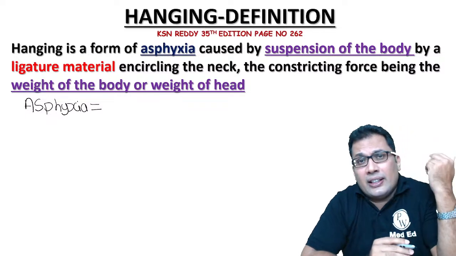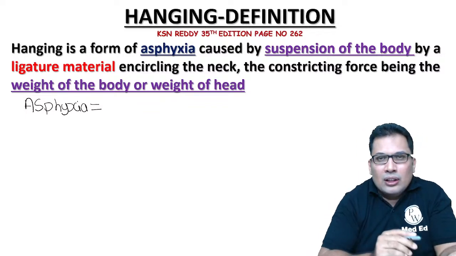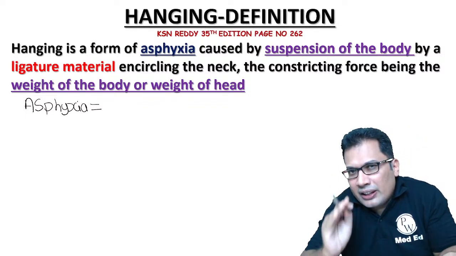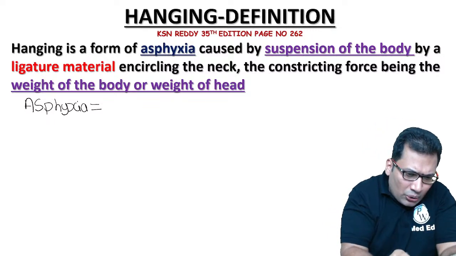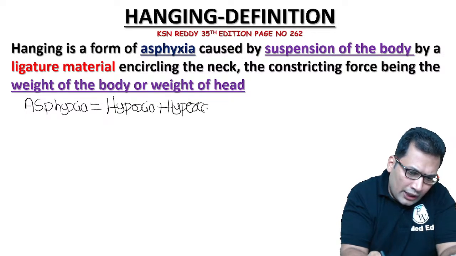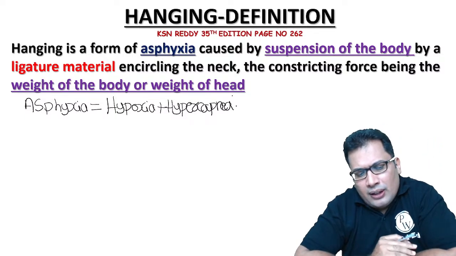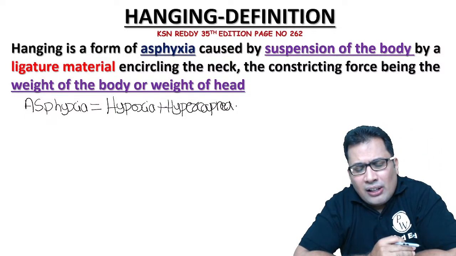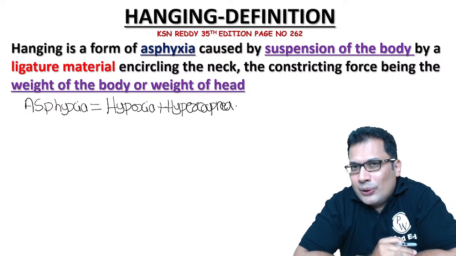Very good, Sumana De, excellent answer. She said, sir, asphyxia means pulselessness. Very good. The literal meaning of asphyxia is pulselessness, guys. Asphyxia in general is hypoxia plus hypercapnia. Try to memorize this. Because of this, there will be cyanosis.